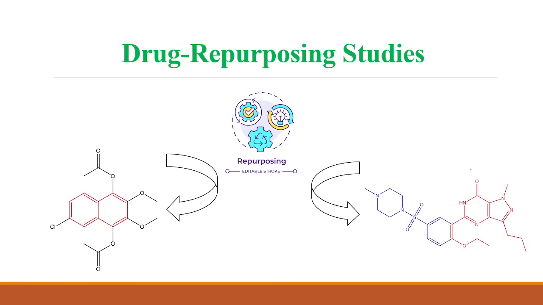The first structure we can see here is chlorambucil. Chlorambucil has the main activity of anti-cancer, but after repurposing, it is also used as an antibody drug conjugate.